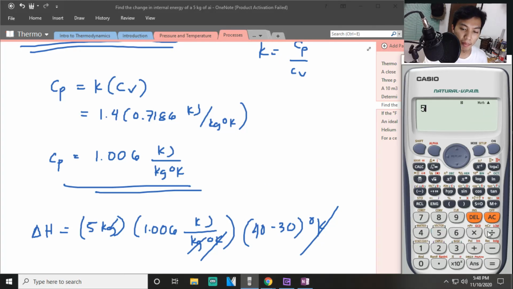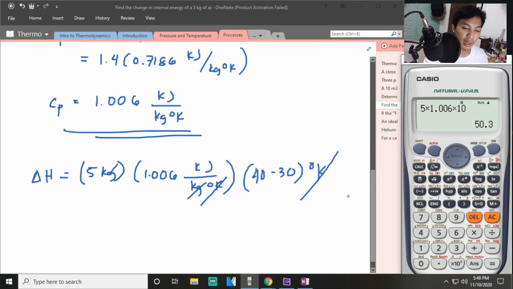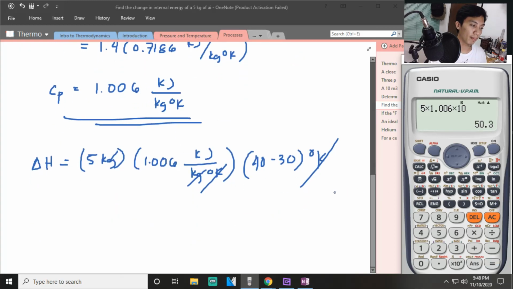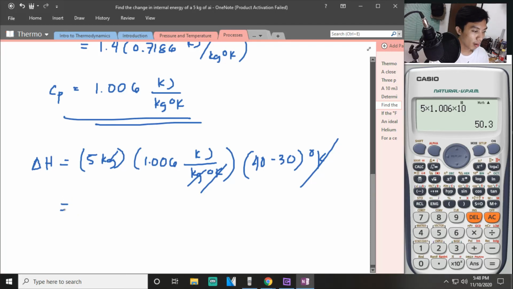Now, 5 times 1, kahit 1 na lang yan, or 1.006 pag nagsosolve kayo, times 10. The answer is 50.3 kilojoules.